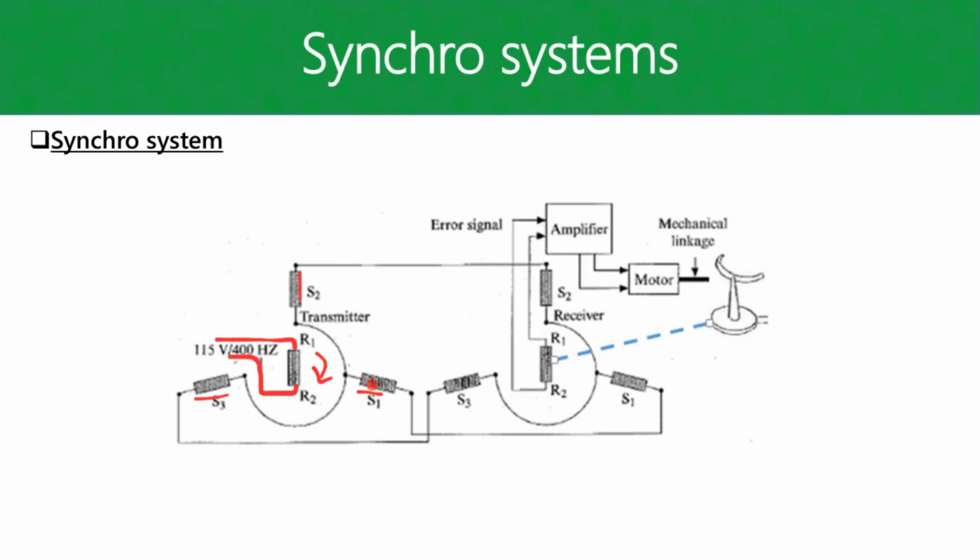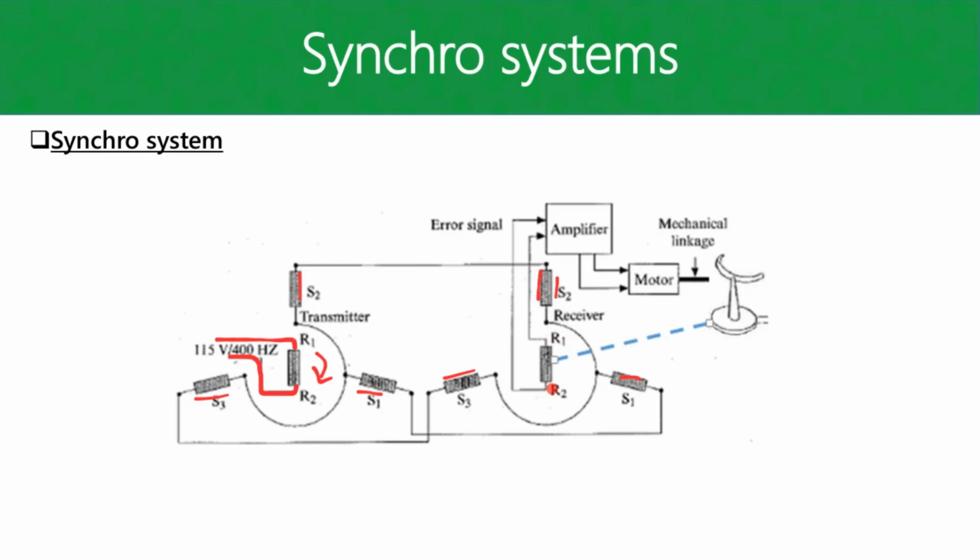The voltages are not going to be equal for each of these coils. So you're going to have currents induced in those coils and voltages over them.